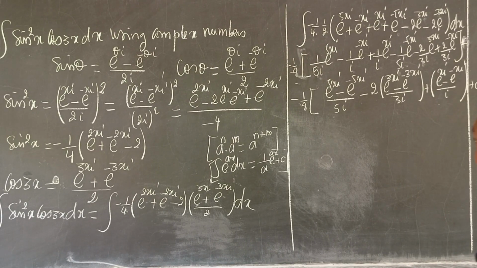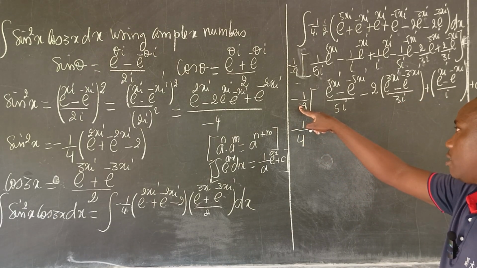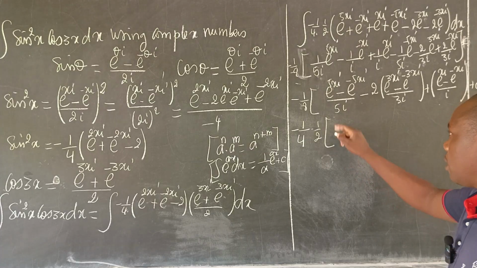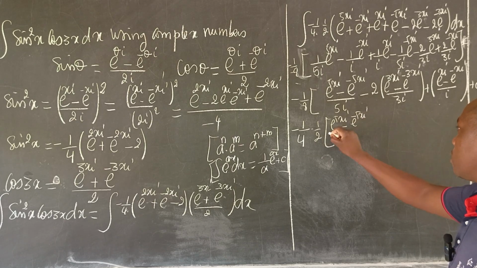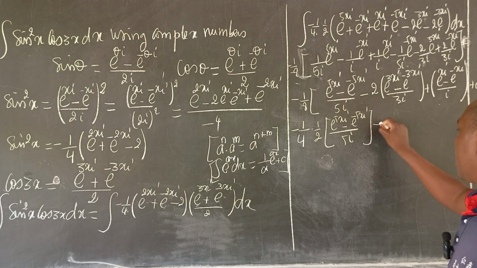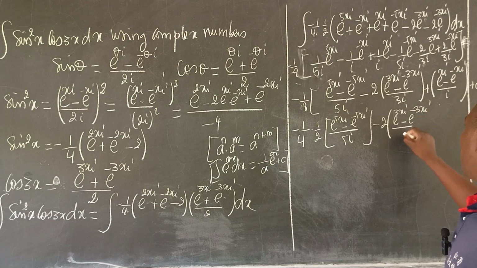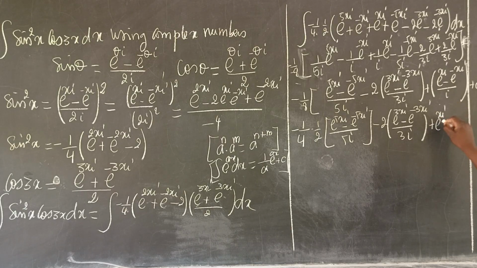Okay, I can be back writing 1 over 8 as minus 1 over 4 times 1 over 2 into this: exponential 5ix minus exponential minus 5ix over 5i, negative 2 times exponential 3xi minus exponential negative 3xi over 3i, plus exponential of xi minus exponential minus xi over i, plus some constant.